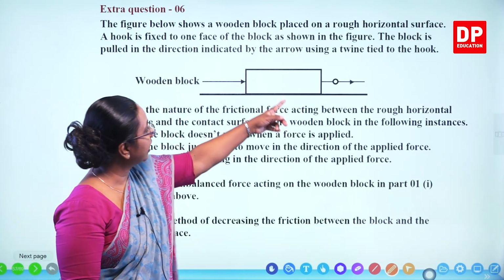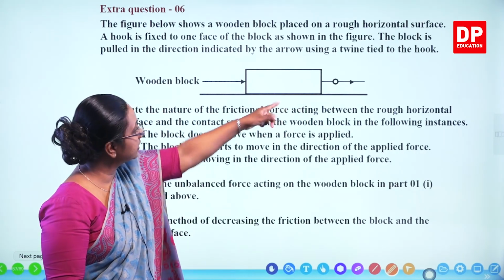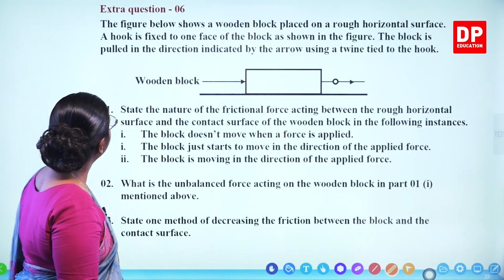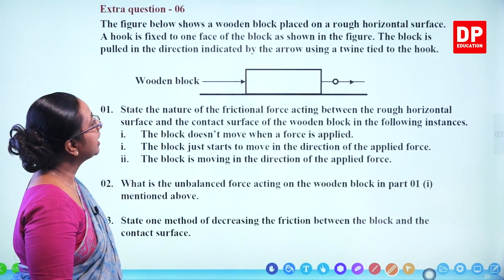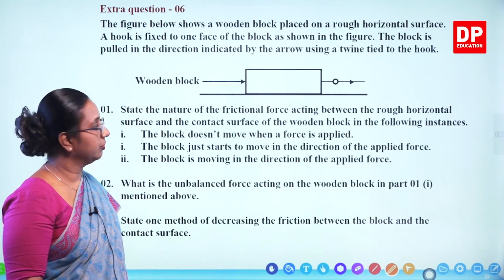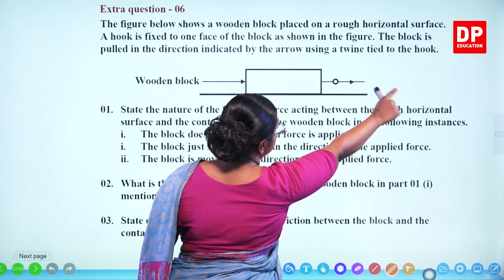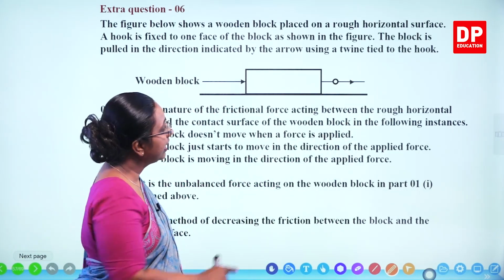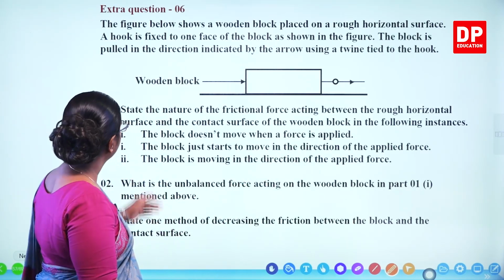So here you can see in the figure the hook is fixed, that is the circle over there. The block is pulled in the direction indicated by the arrow using a twine tied to the hook. So here you can see the arrow is given, so the block is being pulled towards that side, and that is a twine attached to the hook.